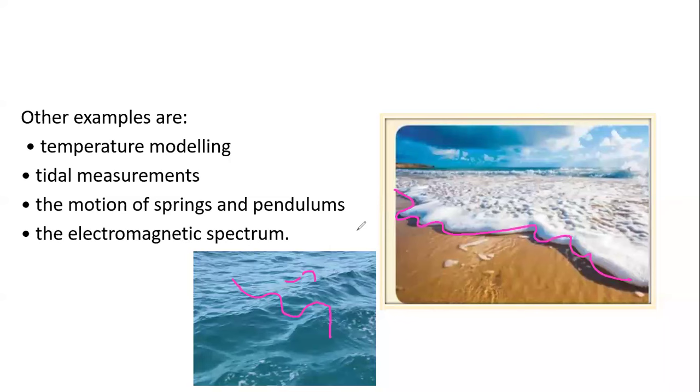Now, what are some of the areas where this topic is applied? What are those areas where you should expect the scenarios to come from? In this topic, a scenario can come from temperature modeling. It can come from tidal measurements. It can come from motions of springs and pendulums, but also it can come from the electromagnetic spectrum.